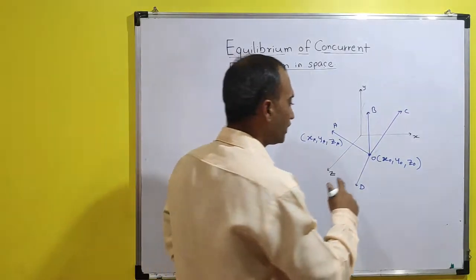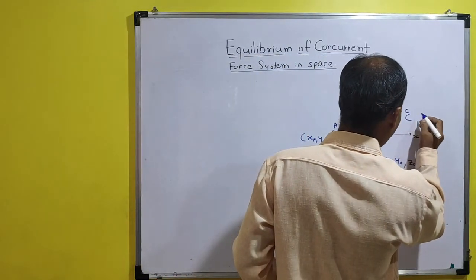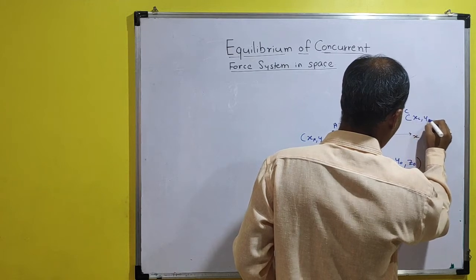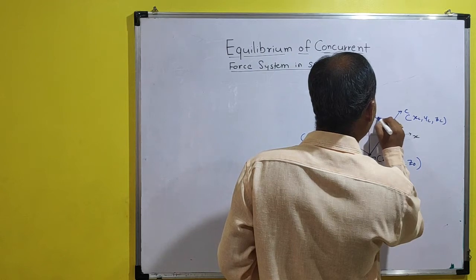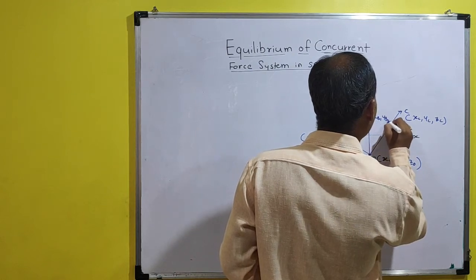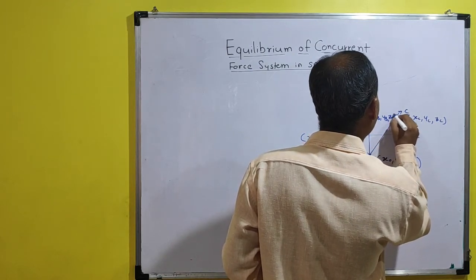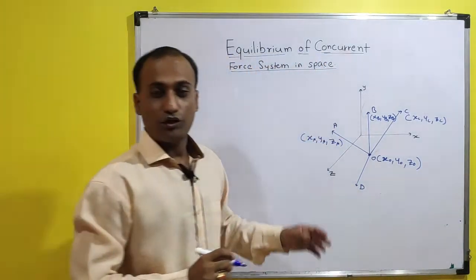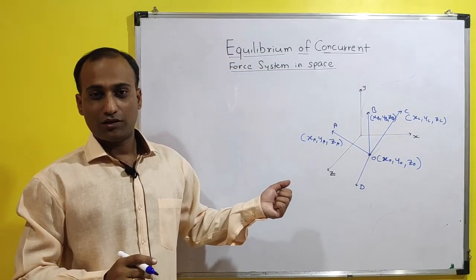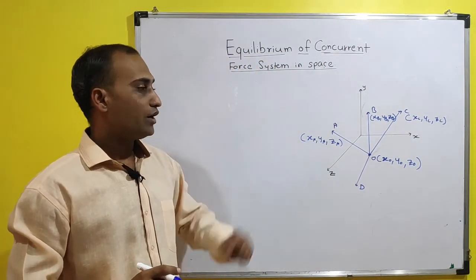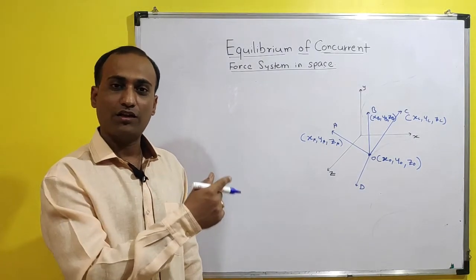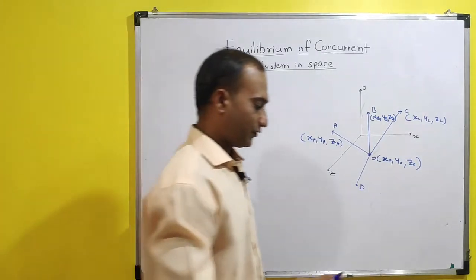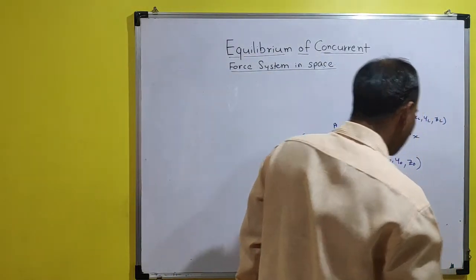Now we will consider the coordinates for this point C also, that is XC, YC and ZC, and for B it will be XB, YB and ZB. So if this force system is in equilibrium, then we have to write a vector equation, or the force vector equation, for each of these forces. So let's write this equation.